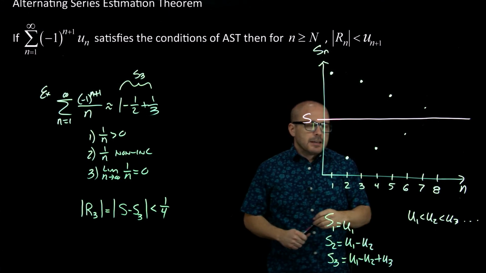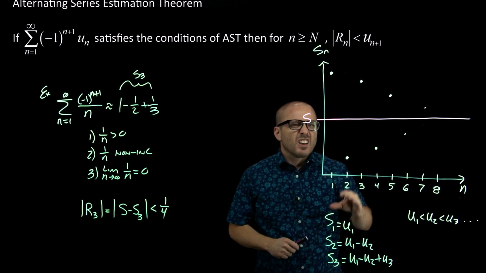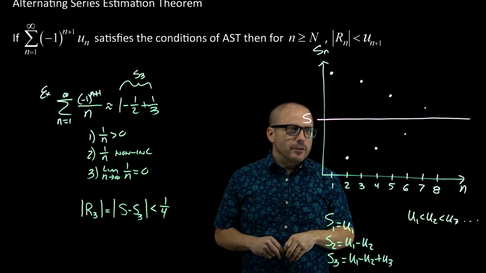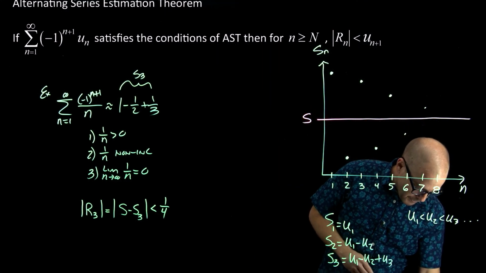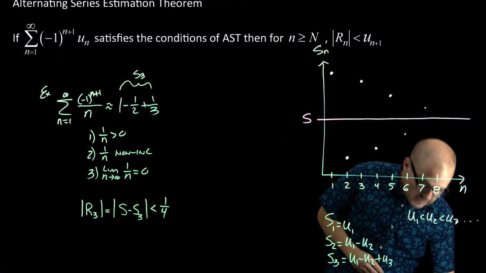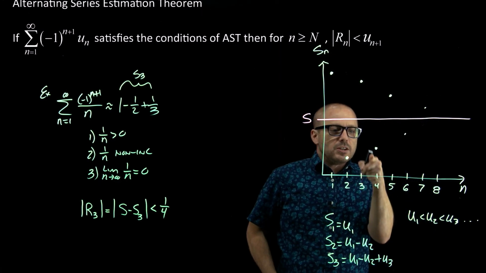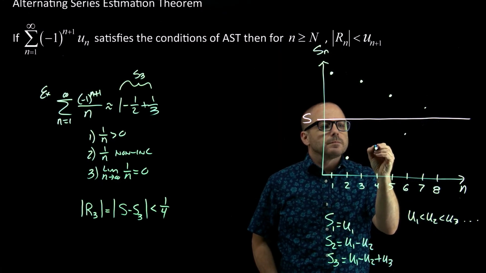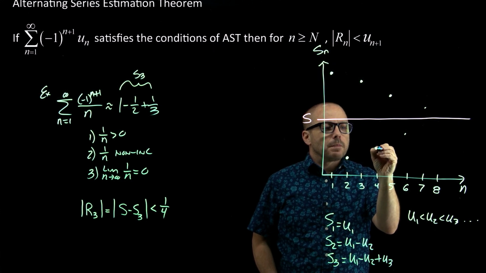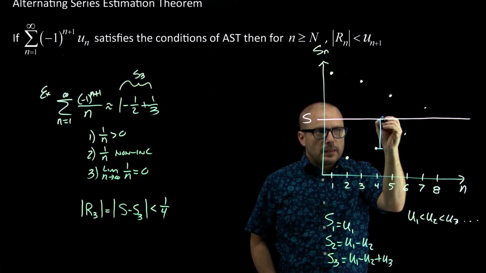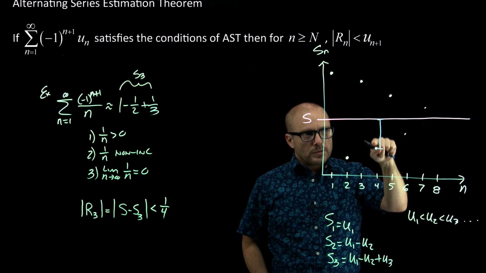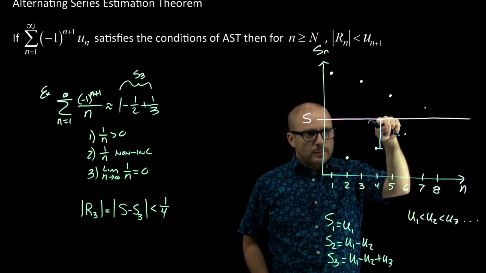So because of that, what does that mean about our error each time? Well, let's think about this. Let's draw a picture of the error. Say you stopped at S sub 4. Your error is the distance from your partial sum to your actual sum, right?